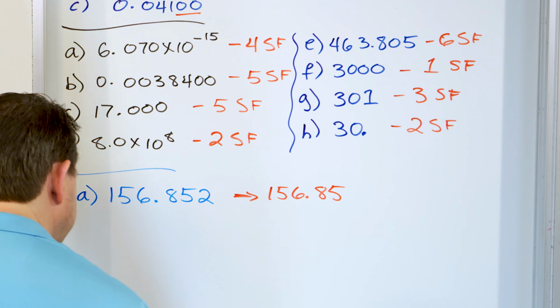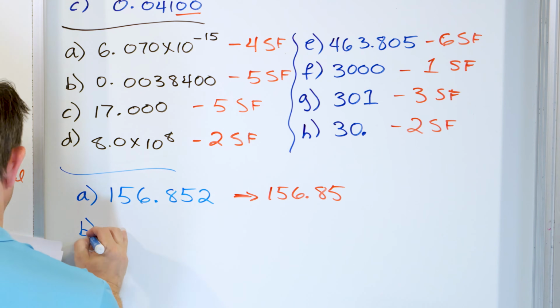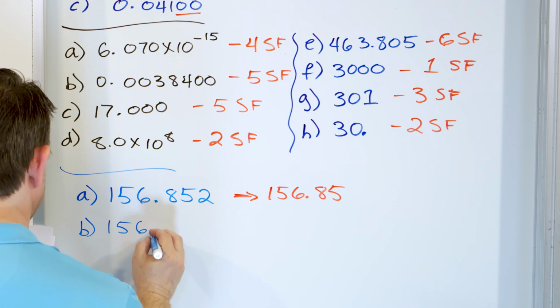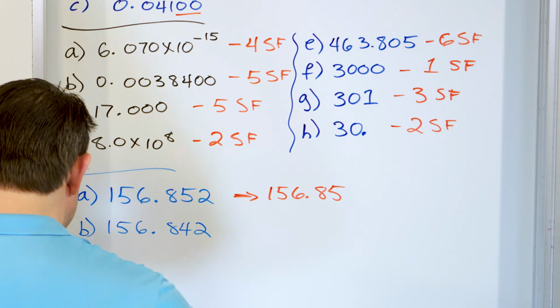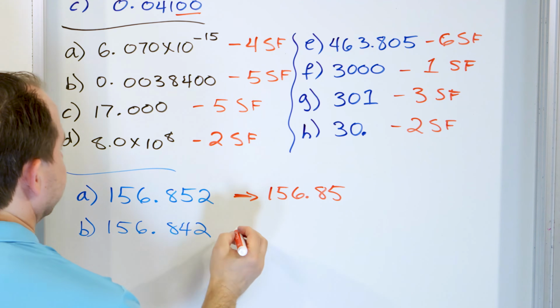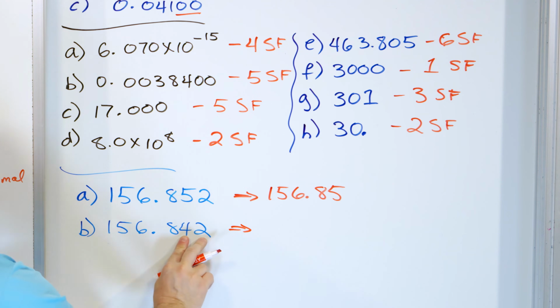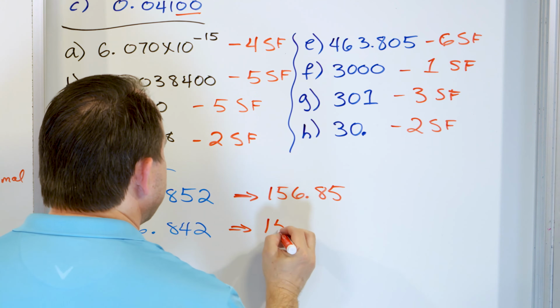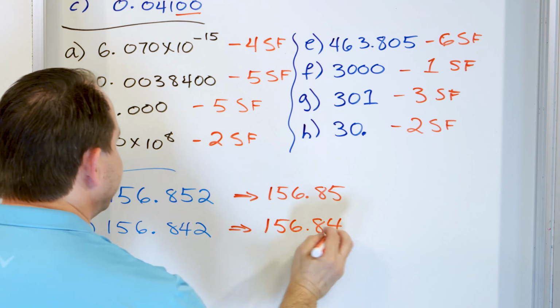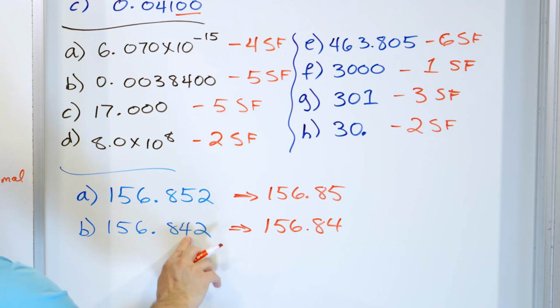All right, next. We have 156.842. How do we round that to 5 significant digits? 1, 2, 3, 4, 5. The adjacent guy, again, is less than 5, so it's going to be 156.84.